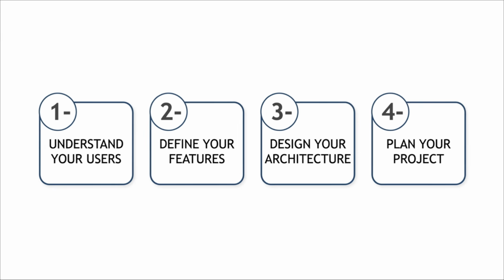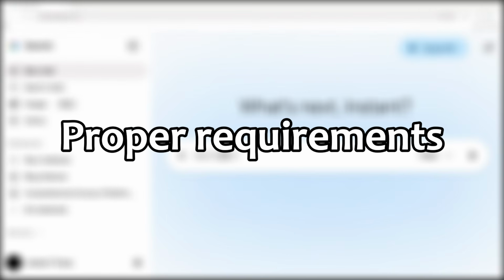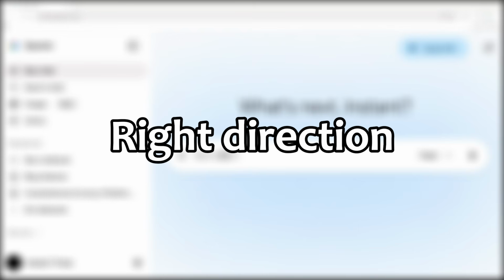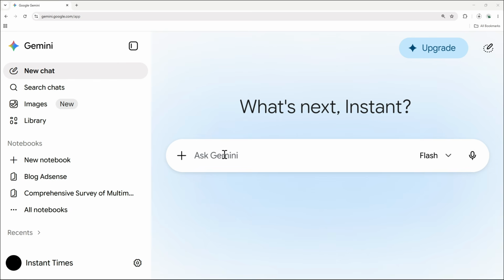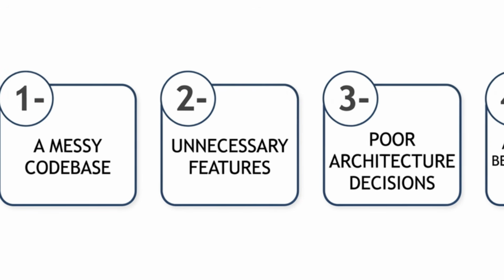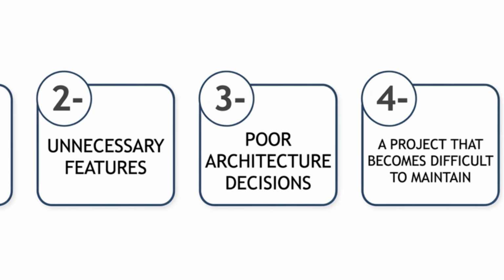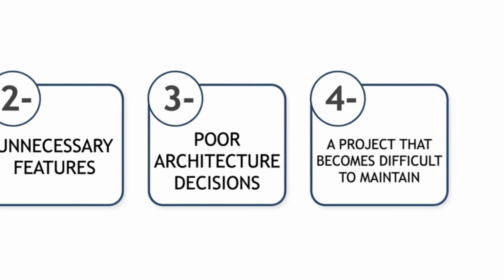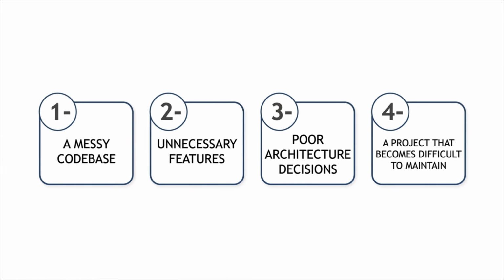AI is a powerful assistant, but it can only execute effectively when you provide clear goals, proper requirements, and the right direction. Otherwise, you can quickly end up with a messy code base, unnecessary features, poor architecture decisions, and a project that becomes difficult to maintain. That is why the first step is not coding.